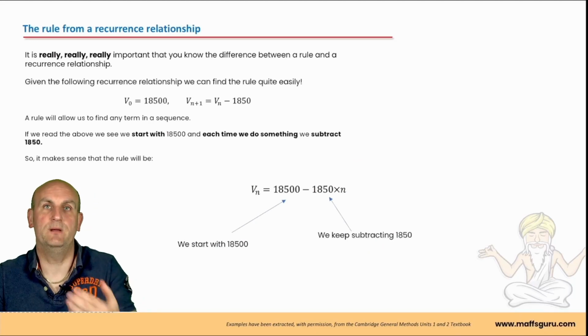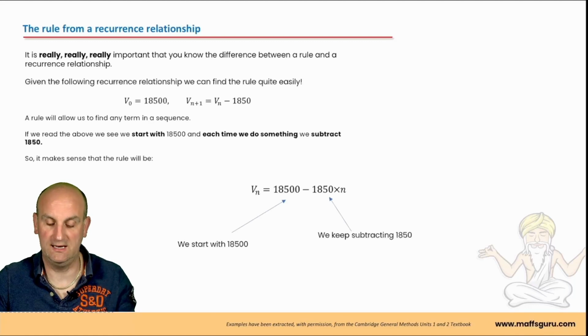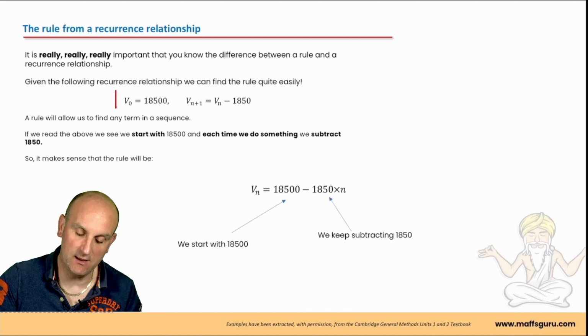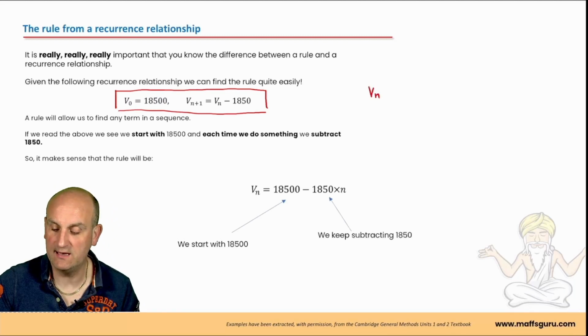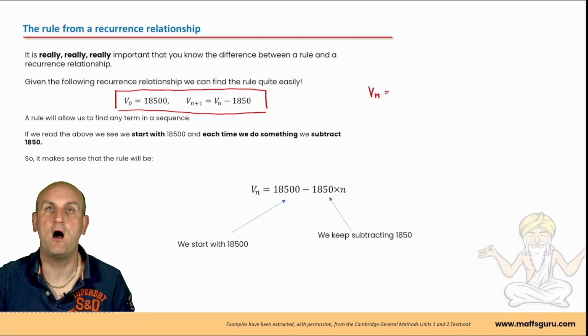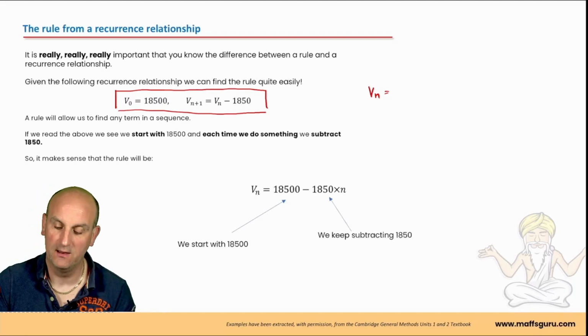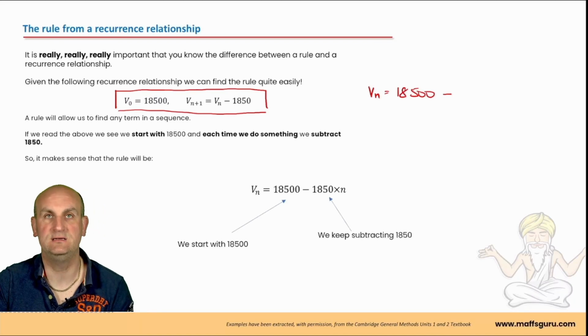Now, as I just said a moment ago, we can actually turn a recurrence relationship into a rule. And it is really, really important. As I said before, you know the difference. So in this situation, this here is my recurrence relationship. And what did I say? Well, my rule, my V of n, to find the value of my car after n periods, or n years or n months or whatever the question's on about, I always do my V0 value, 18500, and I subtract my difference or add on my difference.